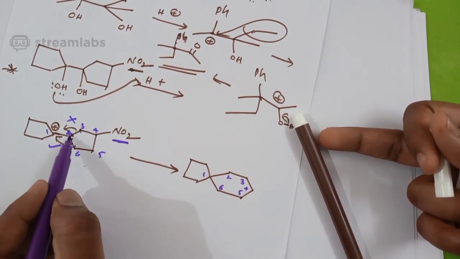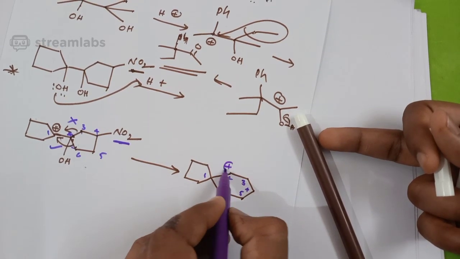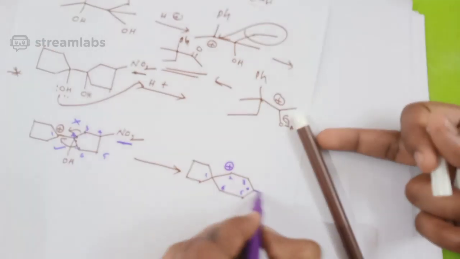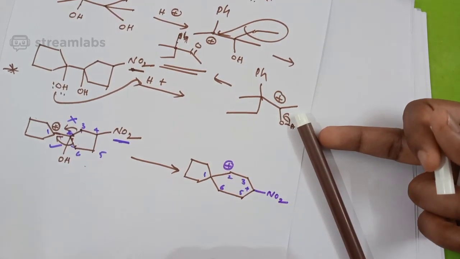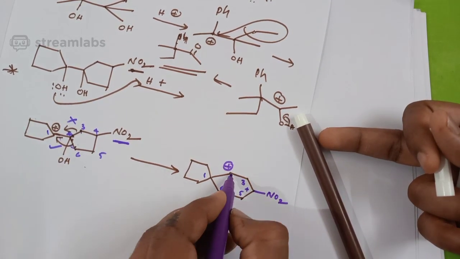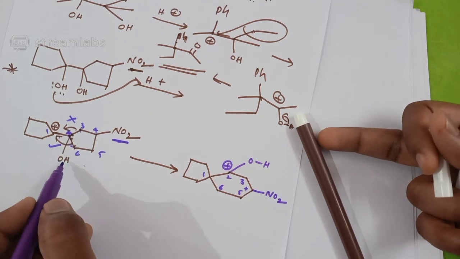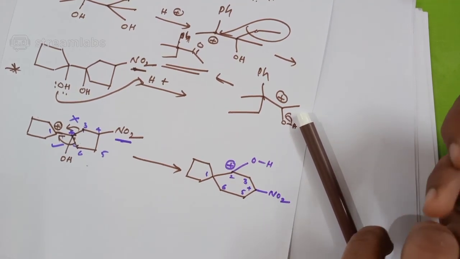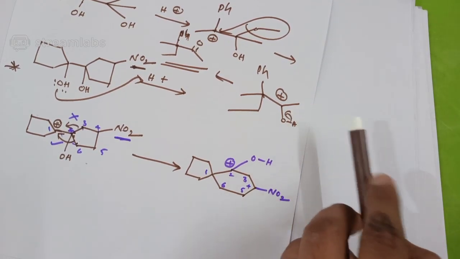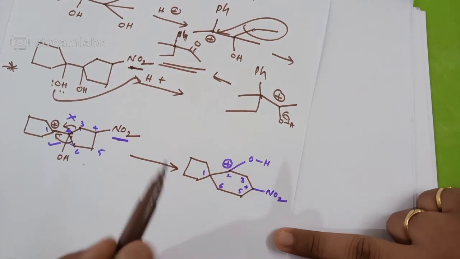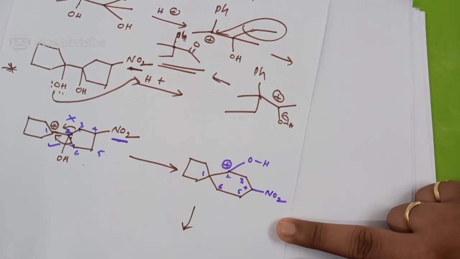Now where will we get the positive charge? On second, and the NO2 group is at the 4th position and the OH group at the second carbon, right? The OH group is at the second carbon only, no? So be careful with the numbering, then 100% these questions are easy. A little bit complicated, but with practice, nothing.